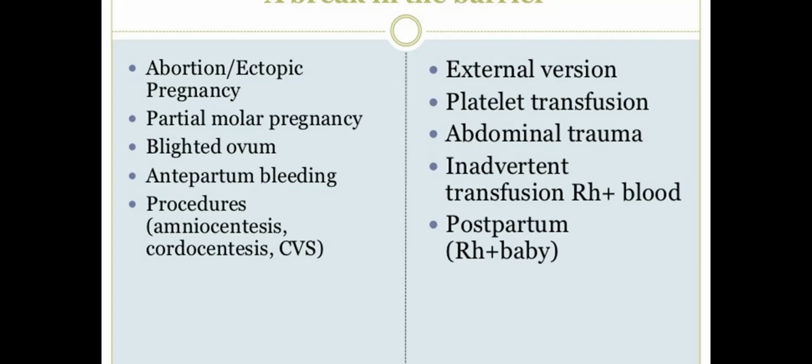These are the events that may lead to RH immunization: abortions, ectopic pregnancies, partial mole, antepartum bleeding that could be placenta previa or abruption, any procedure like amniocentesis, chorionic villus sampling or CVS, external cephalic version, platelet transfusion, any blunt abdominal trauma, or if the patient is transfused with RH positive blood, postpartum or delivery itself.